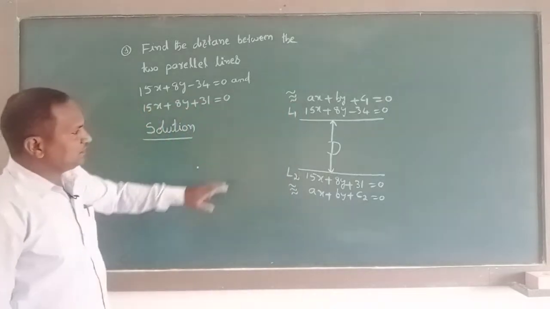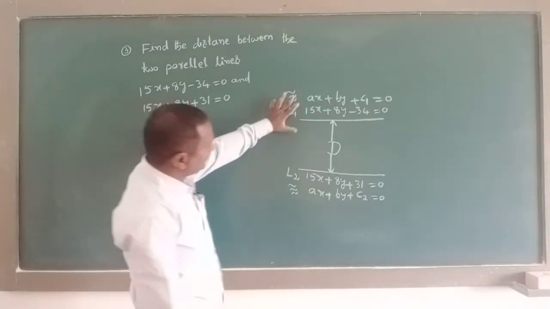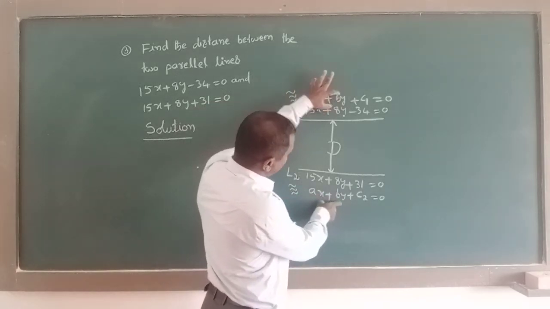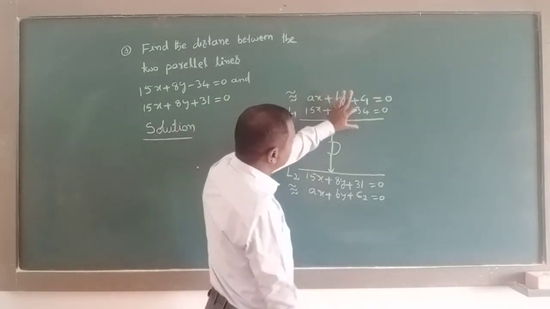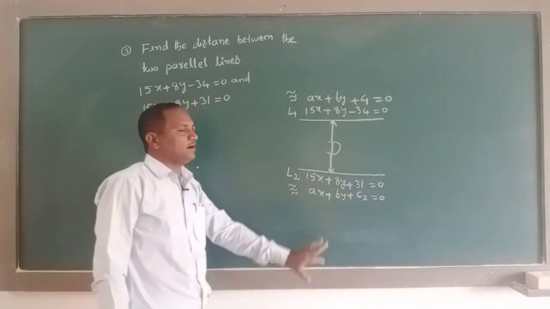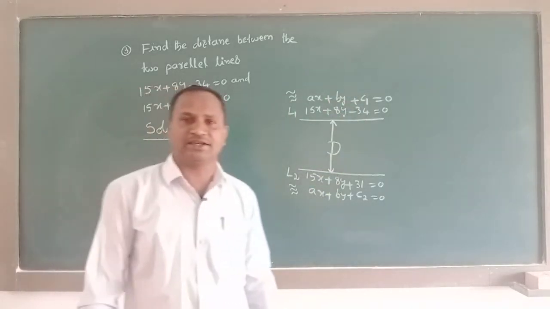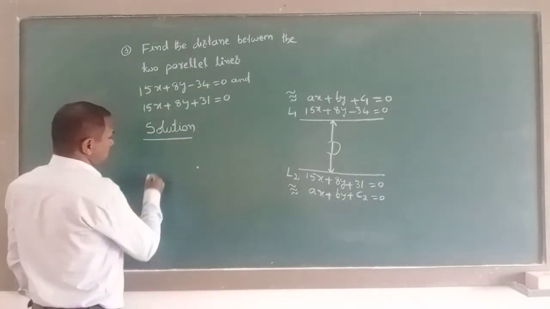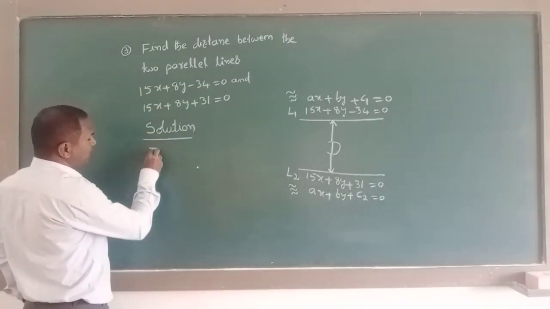In these two lines, the coefficients of x and y are the same, but there is a difference between the constants of the given two lines. For this I am going to apply the formula for the distance between two parallel lines.